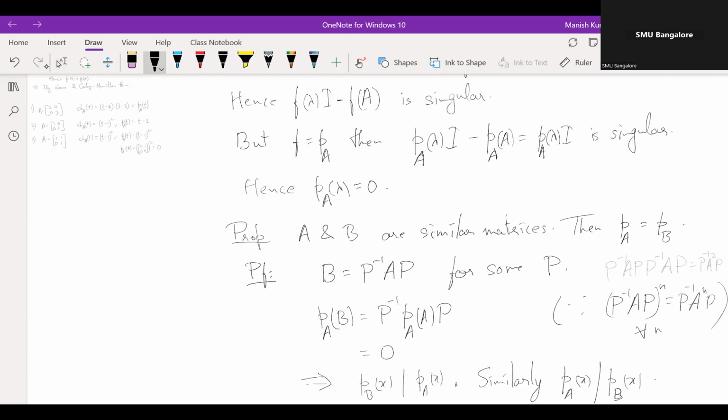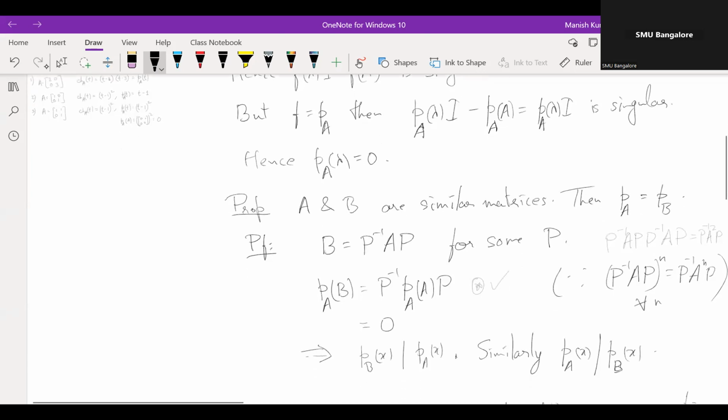And even for sums, it's okay. P inverse A P plus P inverse B P is the same as P inverse (A plus B) P. So you get this identity. Is this identity okay? And of course, then you get that P_A(B) is 0.